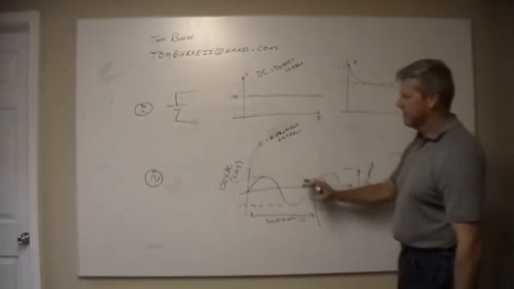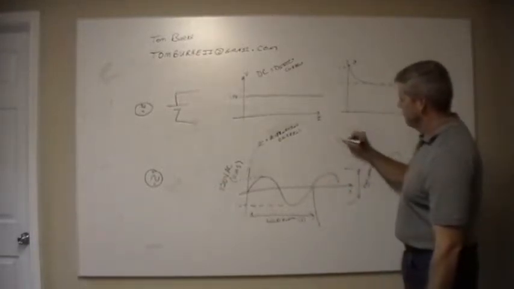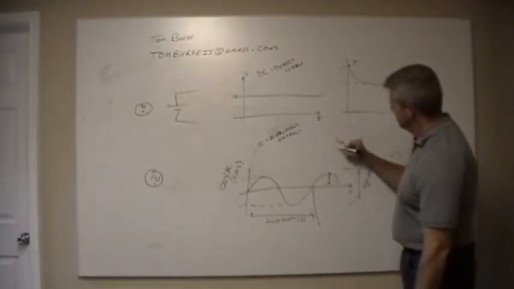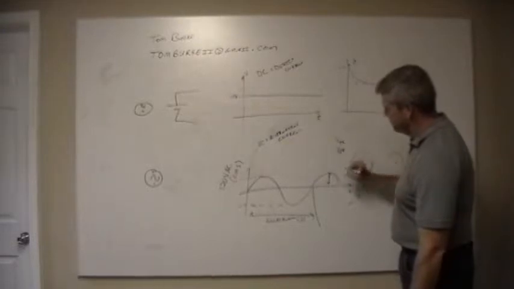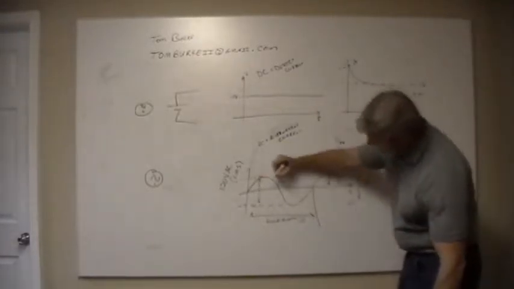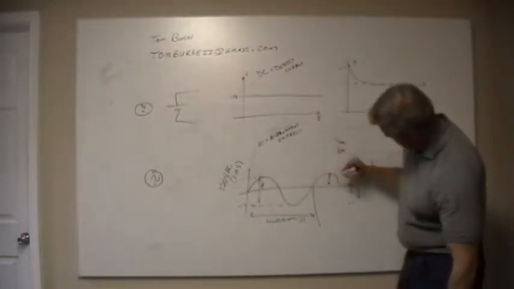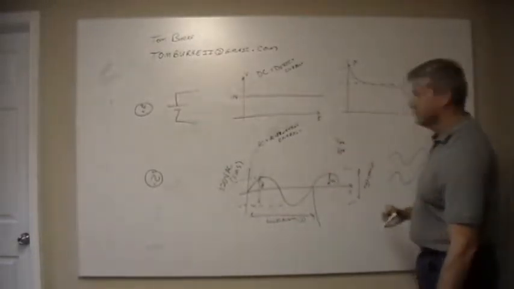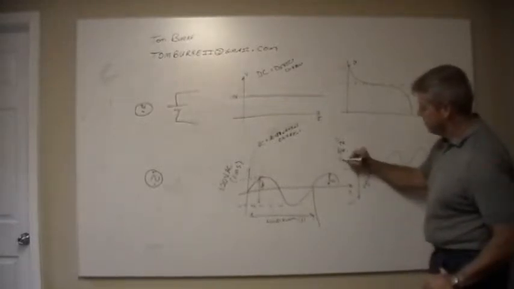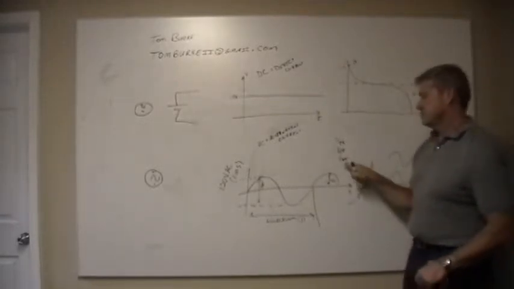When we talk about our AC, you have your peak voltage, which is this voltage. You have your peak-to-peak voltage, which is this voltage. So this is V peak to peak. This is V peak.